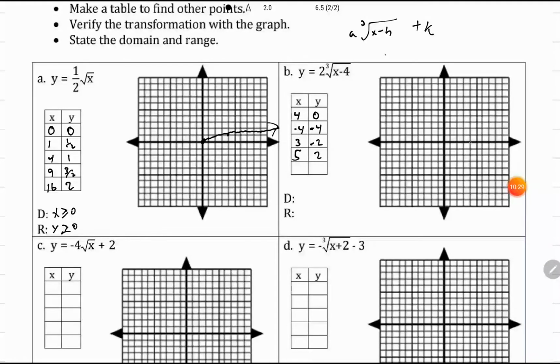It looks like this: 4, 0; 5, 2; 3, negative 2; negative 4, 4. And we know what the graph generally looks like, something like that.